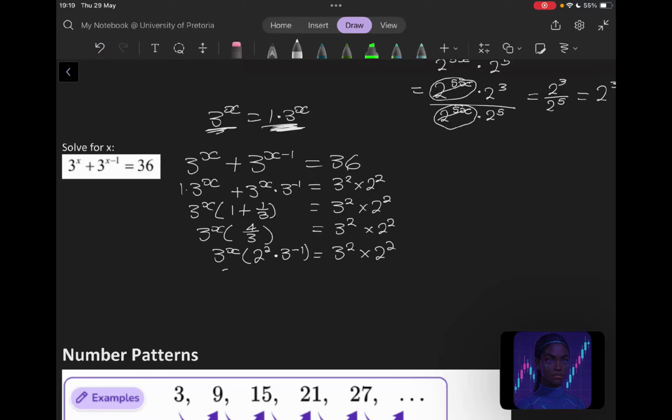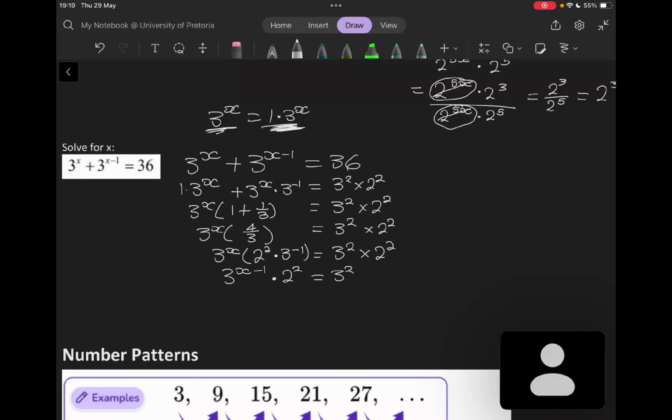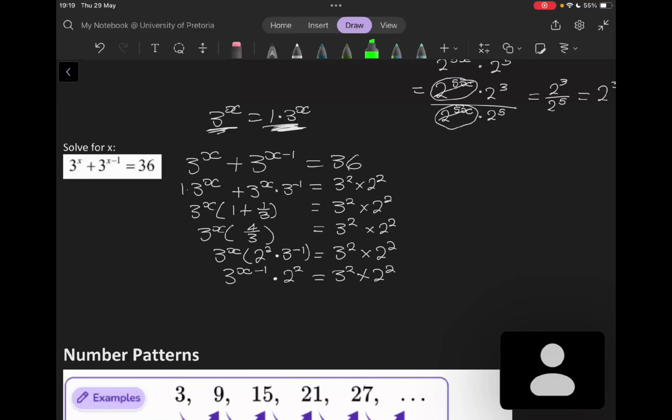We then get 3 to the power of x minus 1, and you multiply it by 2 to the power of 2, right? The reason I could do that is because this is multiplied by that, right? And then I just added the exponents together because we are multiplying exponents of the same base. And that's how I get this over here.